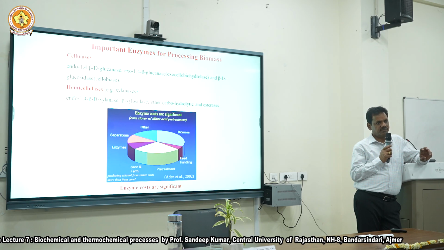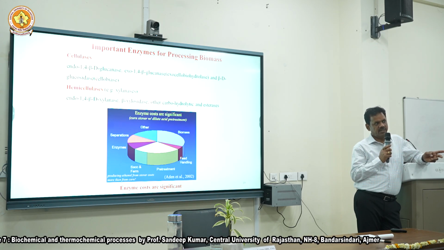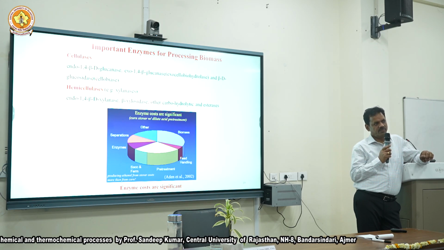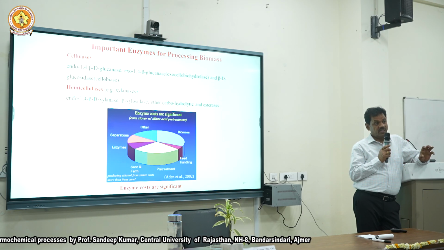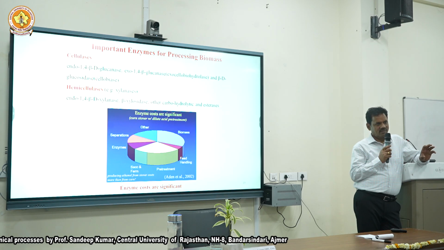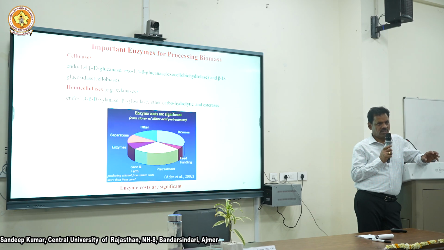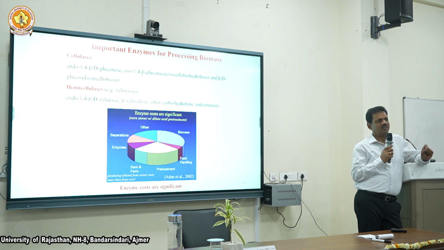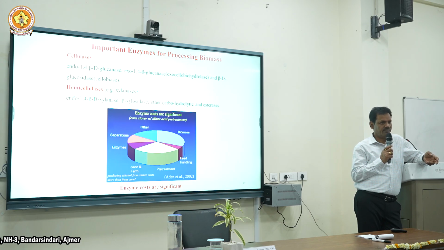Are they independent, or do they depend on each other? If you do very good pre-treatment, enzymes will be more effective. Effective means faster, less enzyme, so you save cost. But for very good pre-treatment, you are putting in energy and chemicals, because pre-treatment can be chemical, steam, or grinding.